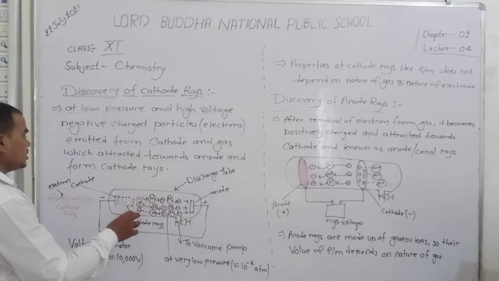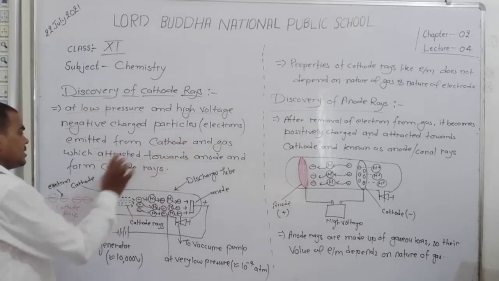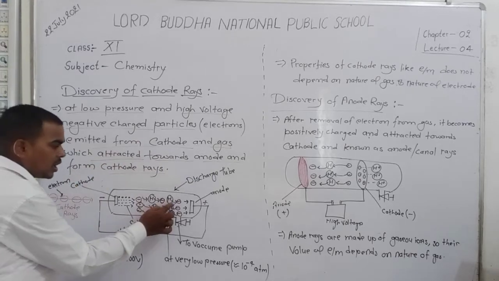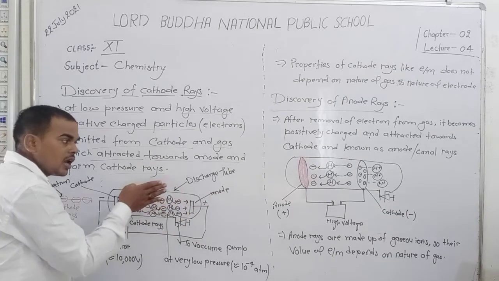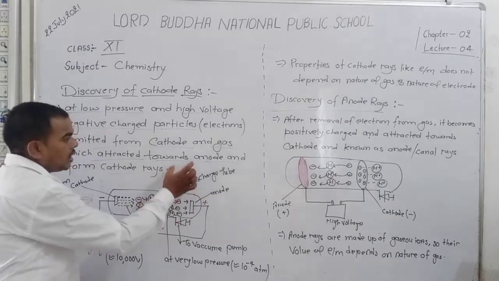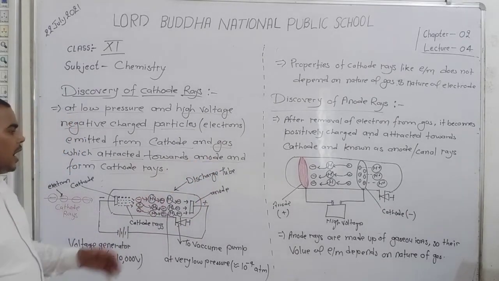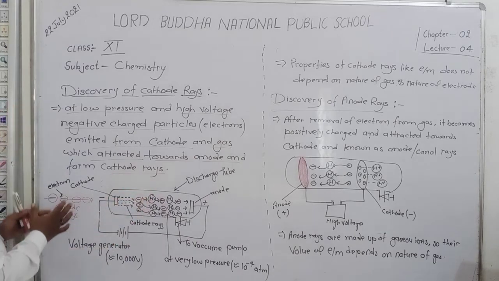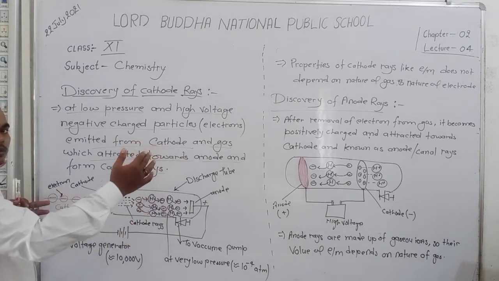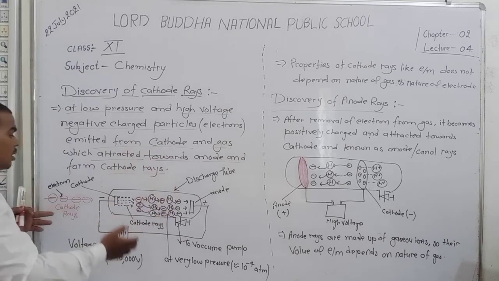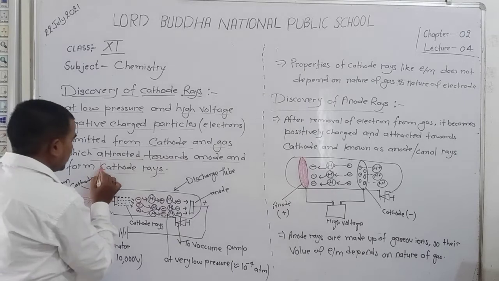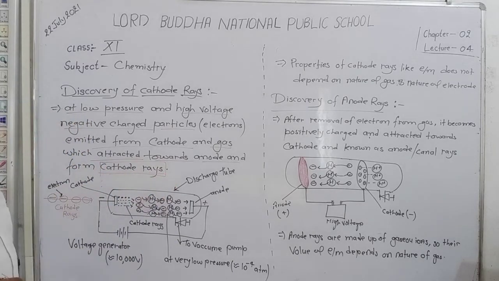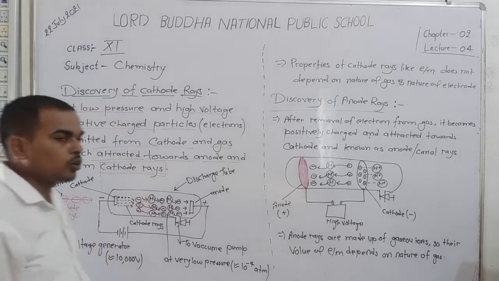They are attracted toward the positive plate, that is the anode, and make a group of negative charge particles, a group of electrons, that is known as cathode rays. Okay, student, I think you understand the discovery of cathode rays.